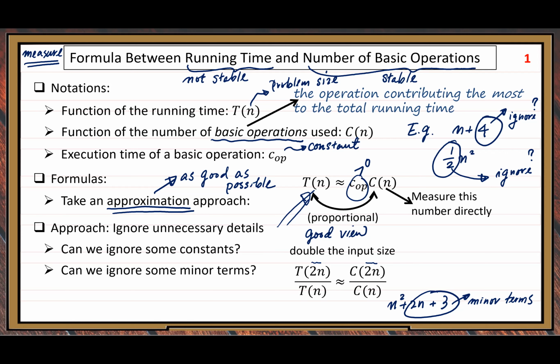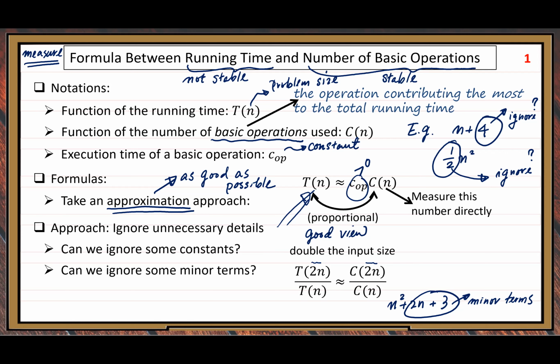The hardware factor is gone. A fast computer, a slow computer, it doesn't matter when you consider this ratio.